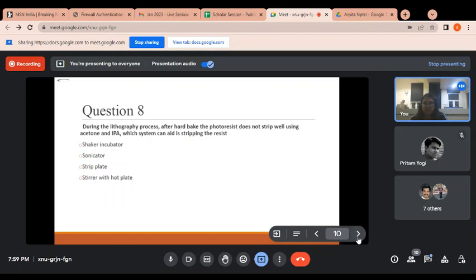After the hard bake, the photoresist does not strip well using the acetone and IPA. Which system can aid in stripping the resist? Ankur?